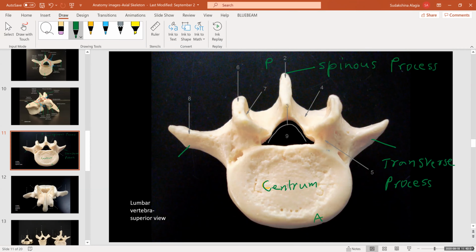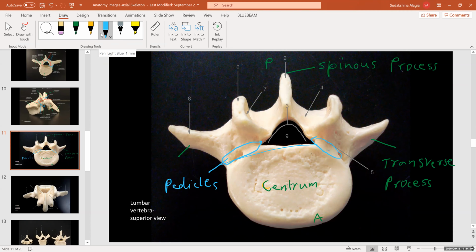Pedicles, as we know, are the extension from the centrum. Pedicles, this and this. Laminae are extensions toward the spinous process.